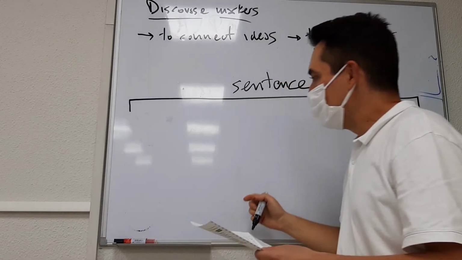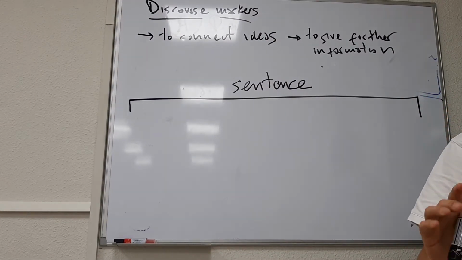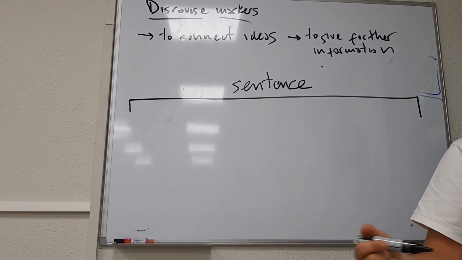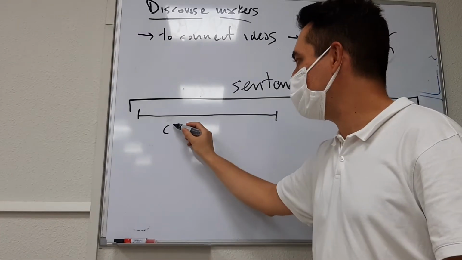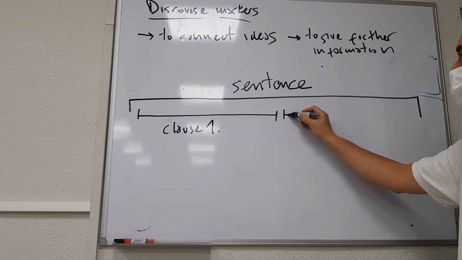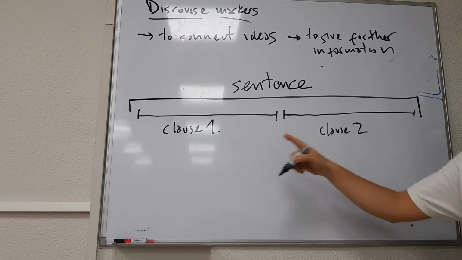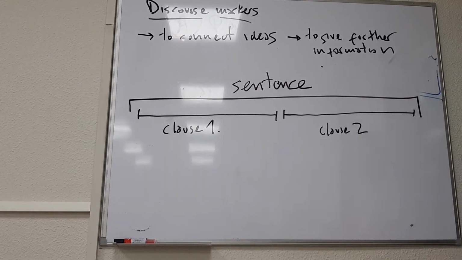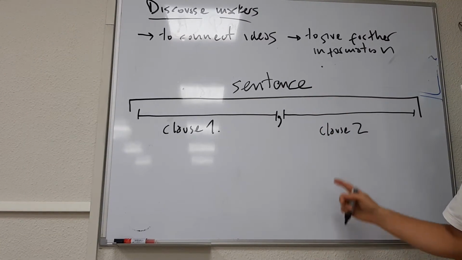Sentence. And the sentence can be, not always, but it can be divided into clauses. This is clause number one, and this is clause number two. Clause 1 and clause 2. What is the thing about clauses? Clauses within a sentence are normally divided by a comma, but they are not sentences.